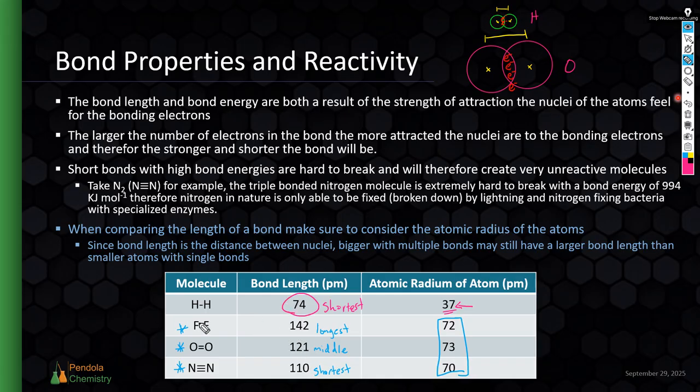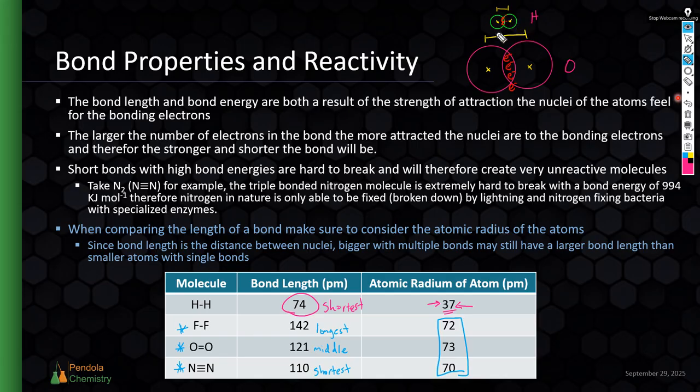Why? Not because of the bonding, not because it has a single bond, because in theory that should tell us that that's the longest, but because the atomic radius is the smallest out of all of these. And a smaller atomic radius will just have a much smaller bond length. Because the bond length, again, is the distance between the nuclei, meaning that radius does play a part.